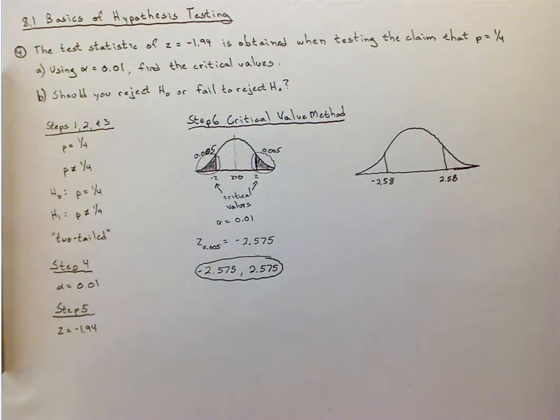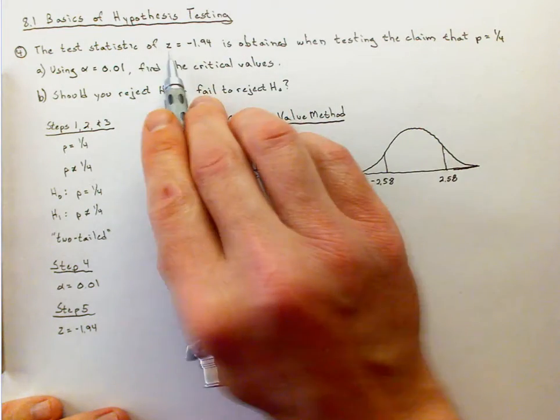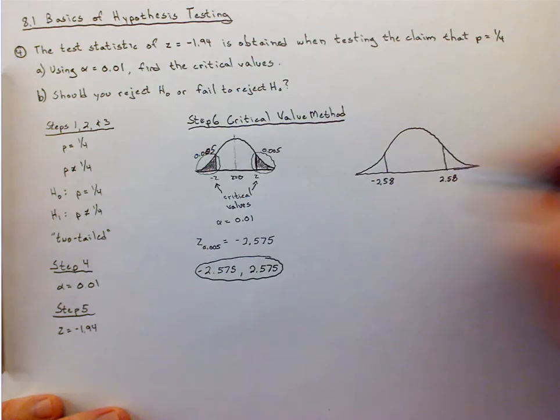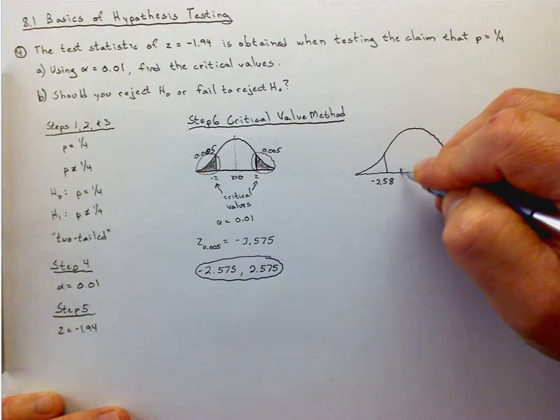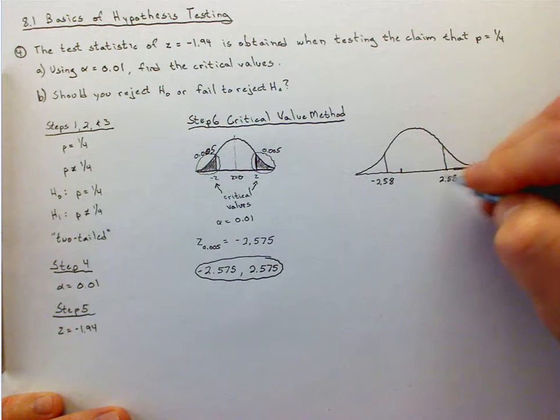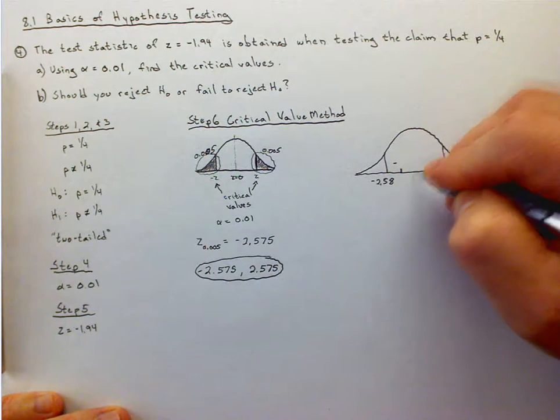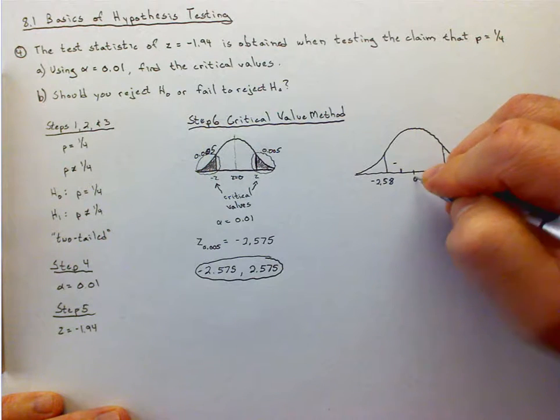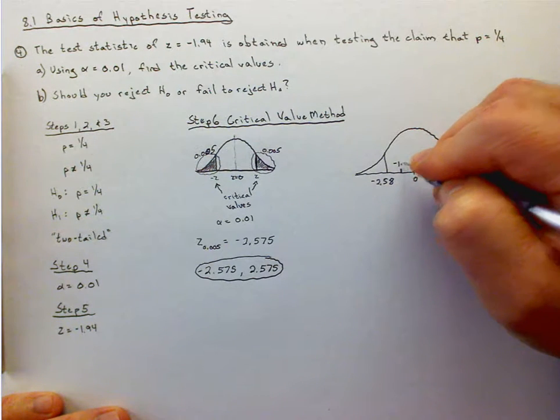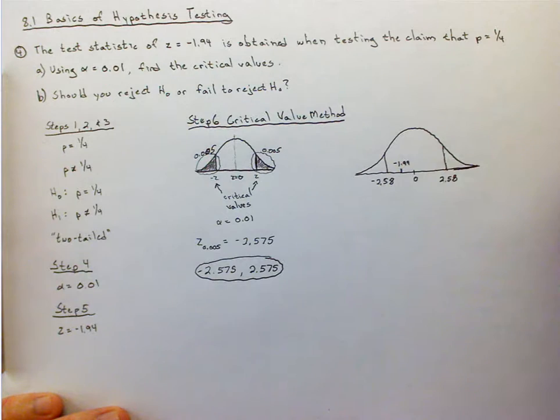Then what I'm looking at is where the z-score they gave me, a negative 1.94, would be. It's somewhere here. I know it's to the right of this and to the left of this, and this here would be 0. That's the z-value that I've been given.